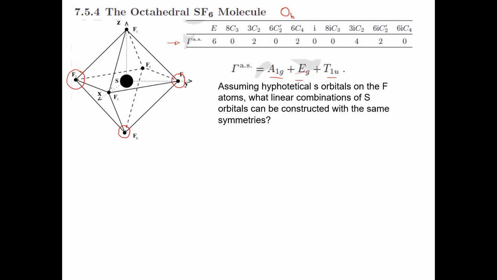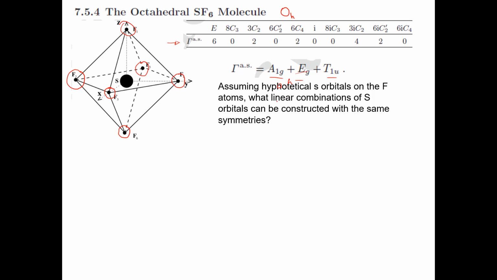But let me take a simplified case here in which I assume that I have s orbitals, but in the next problem set, you're going to do the real problem. You're going to consider that I have p orbitals in each of these fluorine atoms. But just let's assume that I have hypothetical s orbitals in the fluorine atoms.